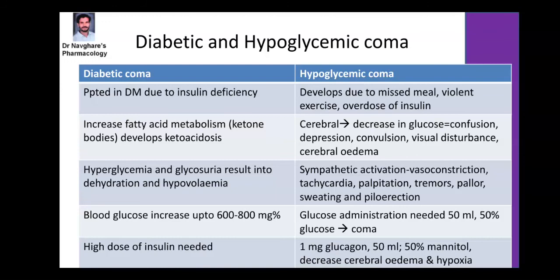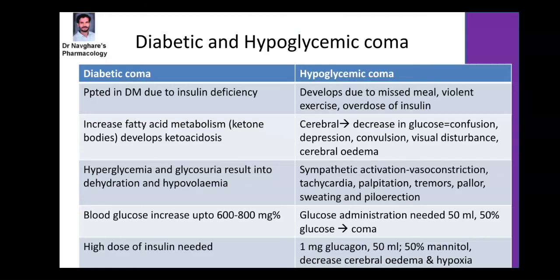Diabetic coma increases fatty acid metabolism, and because of that ketoacidosis may develop. Hyperglycemia and glycosuria result in dehydration and hypovolemia in diabetic coma. The plasma glucose may reach up to 600 to 800 mg per dl, and insulin is the only treatment for diabetic coma.